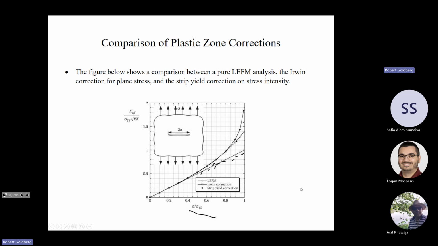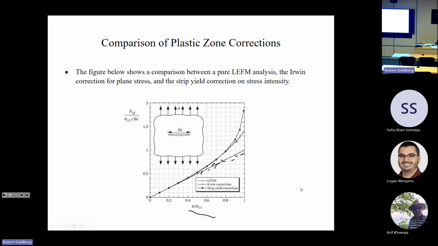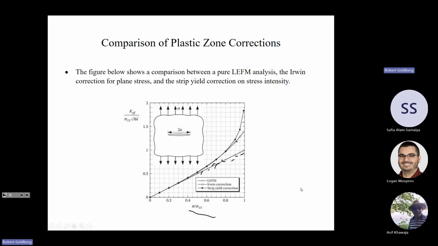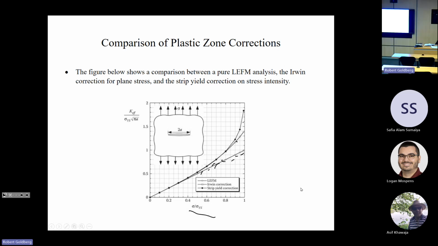Now, the linear elastic fracture mechanics assumption implies a linear relationship between the stress intensity factor and the stress. Once you get above half the yield stress, this is where these plots start to diverge. And it's only when you start getting really close to yield stress, a sigma over sigma_ys of about 0.885, that you start getting significant variations between the two approaches.